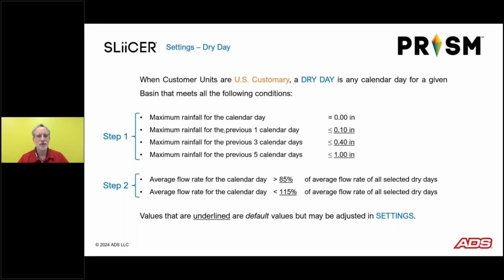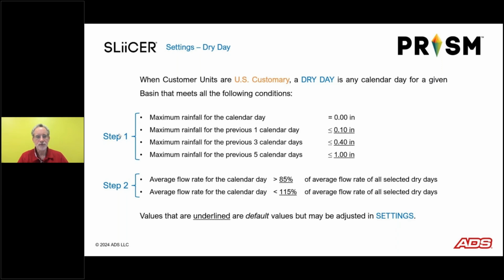So in step 1, you'll notice that we're going to throw out any day on which it rained, and any day on which it exceeds certain rainfall amounts. Let's say we sweep through all the days in a study, and we're looking at day 5. Well, if it rained on day 5, we're going to throw that day out.